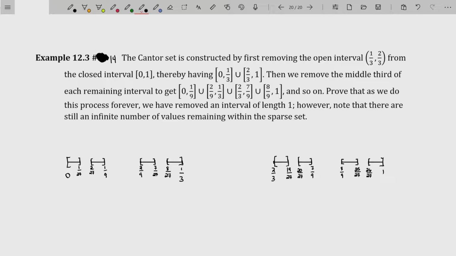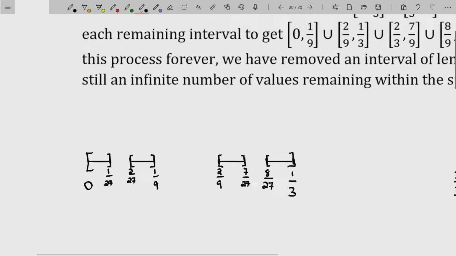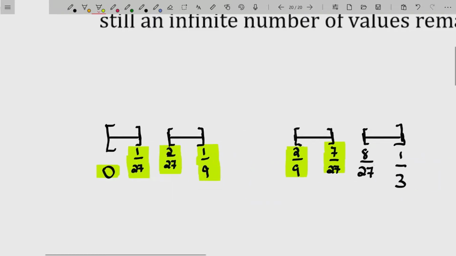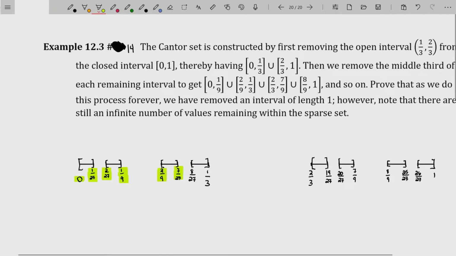I want to drive home the point that you will have a lot of points in space here because we're keeping all these endpoints. So I have 0, I have 1/27, 2/27, 1/9, 2/9, 7/9, 7/27, and so on and so forth. I have a lot of these numbers all over the place. And it'll be an interval that has a lot of numbers.